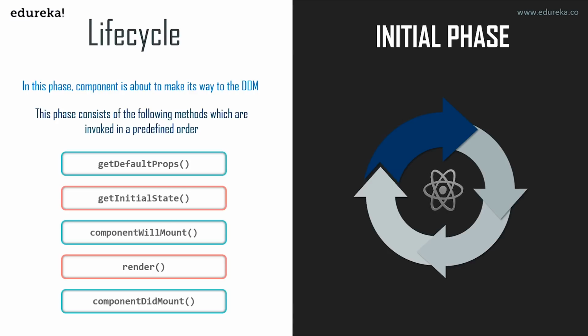This phase consists of the following methods, which are invoked in a predefined order: getDefaultProps, getInitialState, componentWillMount, the render method, and componentDidMount. As I mentioned, componentDidMount runs after the component output has been rendered to the DOM. Different methods have their different usage in the life cycle of a React.js application.